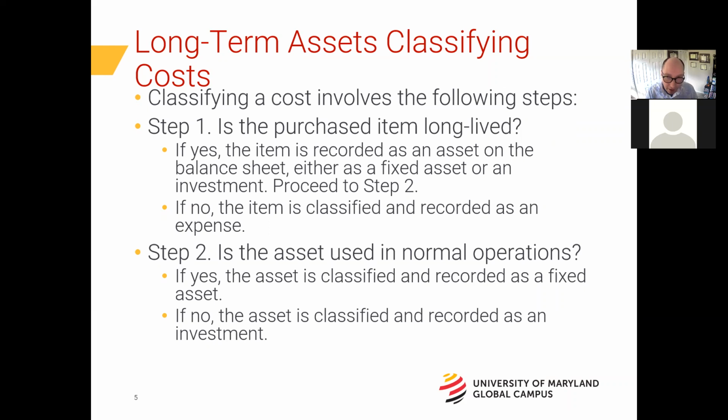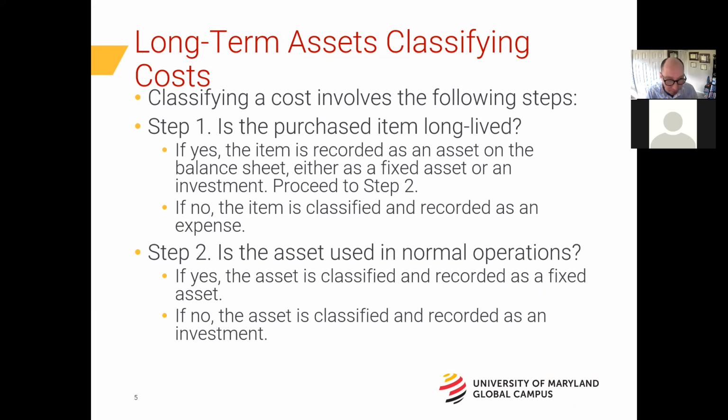If the asset is long-lived and an investment, it is classified as an investment because it will be sold in the near future to generate revenue. If neither of those are true, we classify the purchase of an asset as an expense. Expenses, as you know, show up on the income statement of a company.